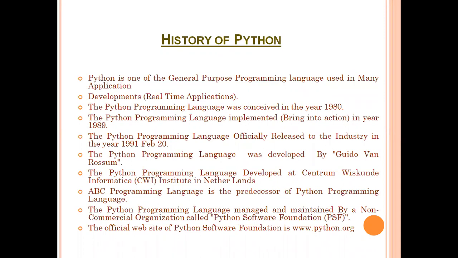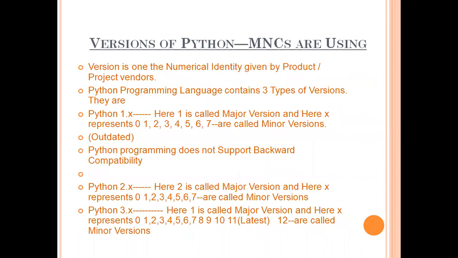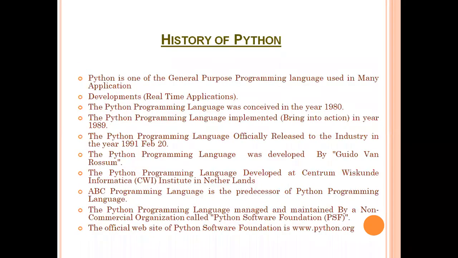Now, the Python programming language was developed by Guido van Rossum. So who was the father? It was Guido van Rossum.